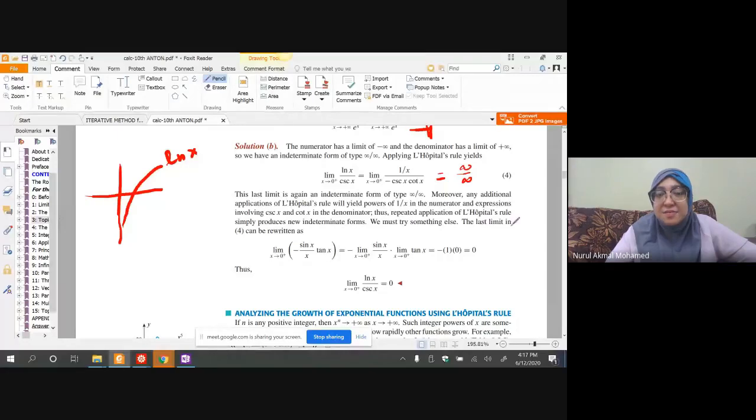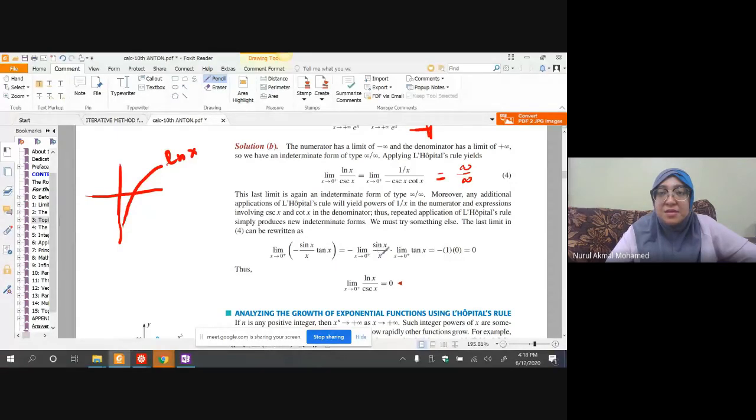The last limit in 4 can be written as negative sine x divided by tangent. So in this case, it expresses this one in terms of this.